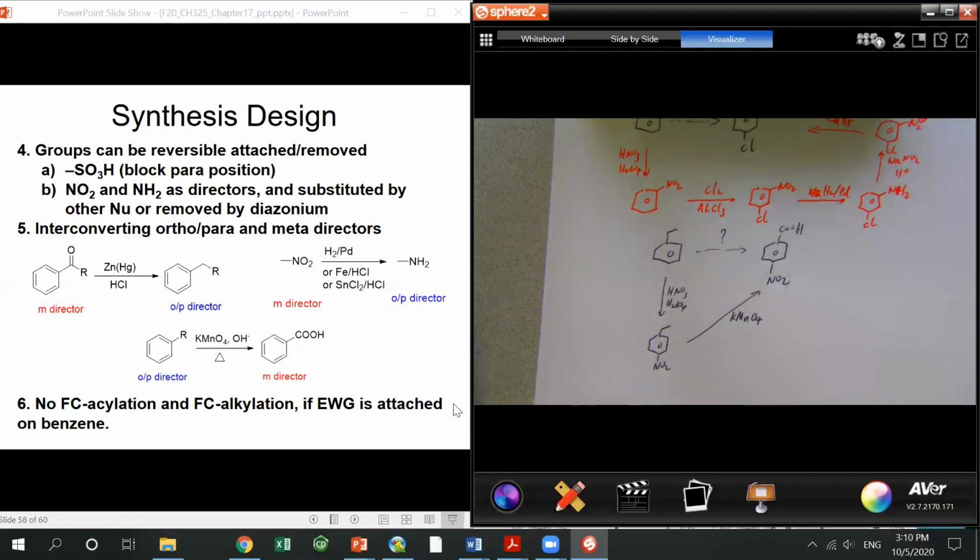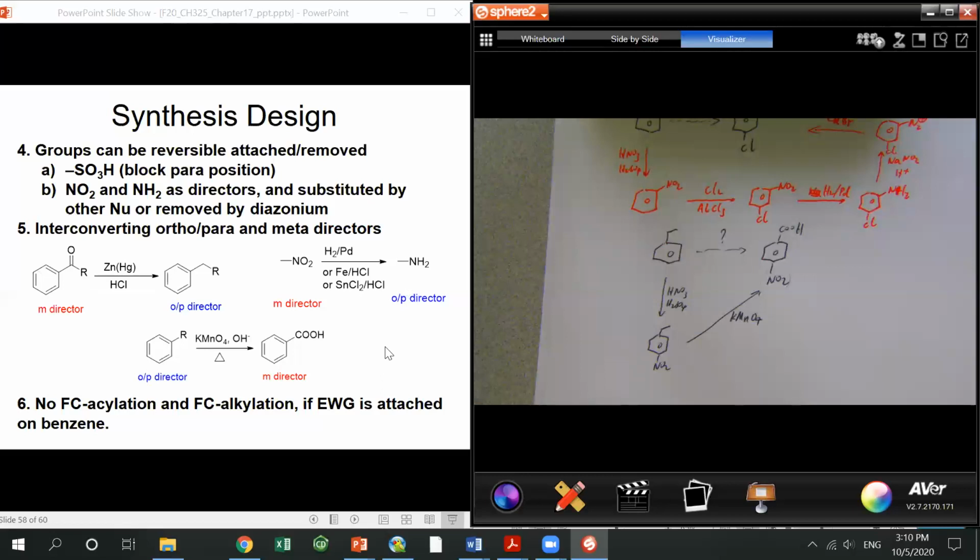And so think about it: if the final product is not ideal for direct effect, think about converting to another director, so para to meta or meta to para. Okay, and then the last thing is just to keep in mind.